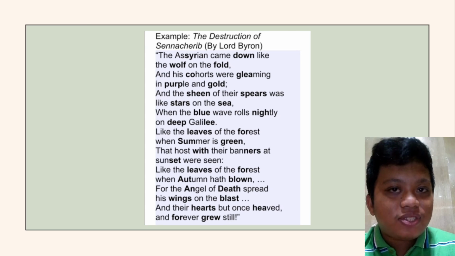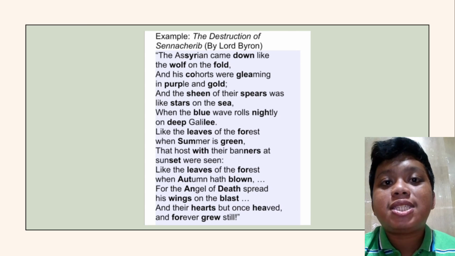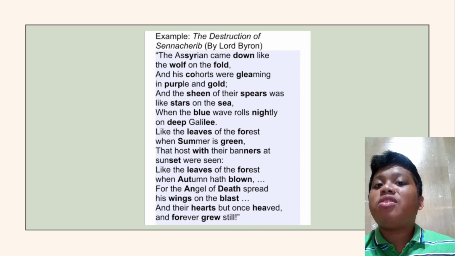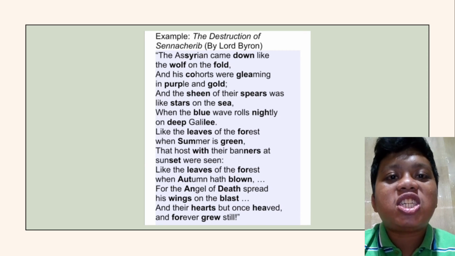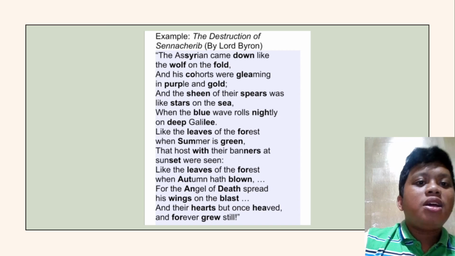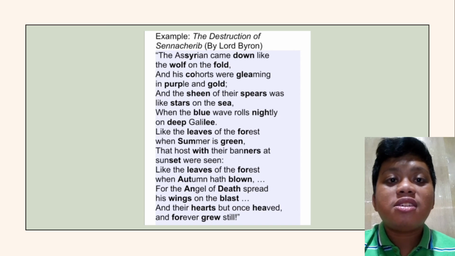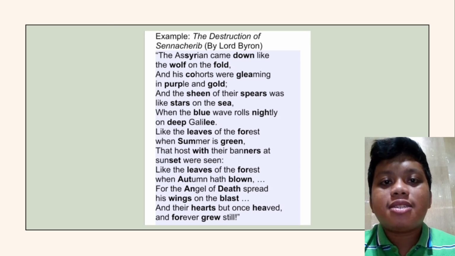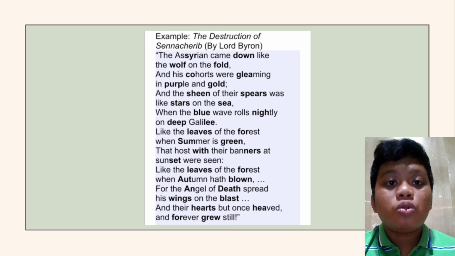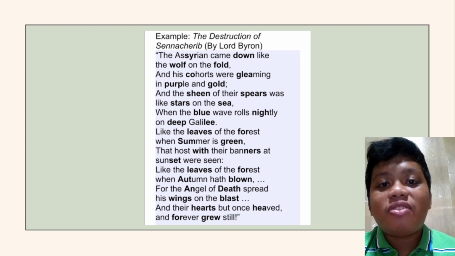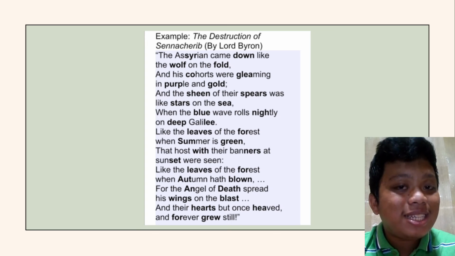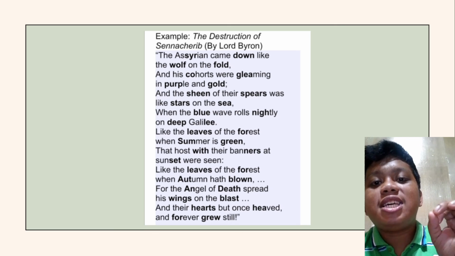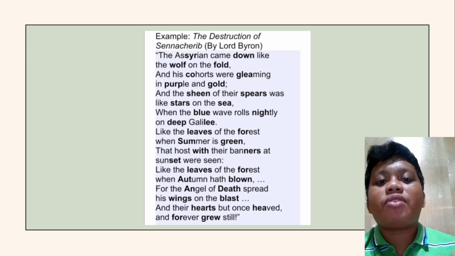Like the leaves of the forest when summer is green, that host with their banners at sunset were seen. Like the leaves of the forest when autumn hath blown, that host on the morrow lay withered and strown. For the Angel of Death spread his wings on the blast, and breathed in the face of the foe as he passed, and the eyes of the sleepers waxed deadly and chill, and their hearts but once heaved and forever grew still.